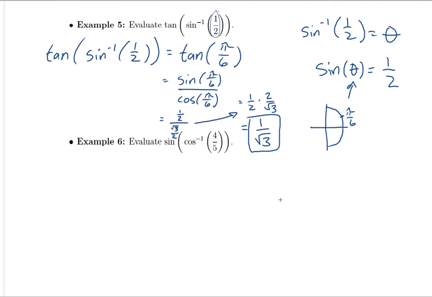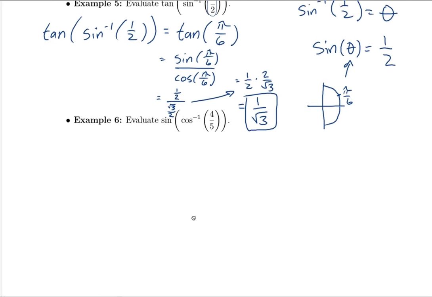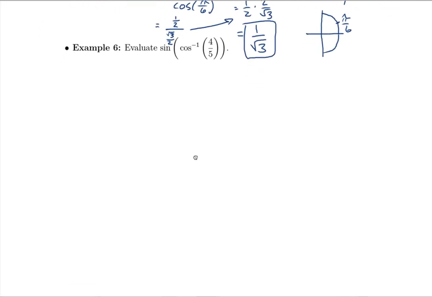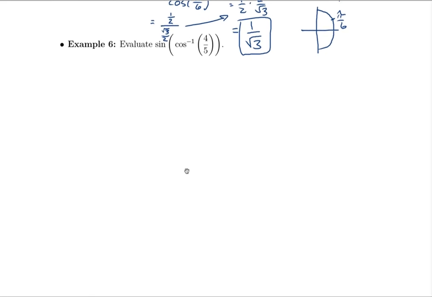But that's a different setup than what we have here in example 6. As I look at example 6, I want to take the sine of the cosine inverse of 4/5. 4/5 is not one of our special values. So we can still start thinking about it similarly to the last problem.